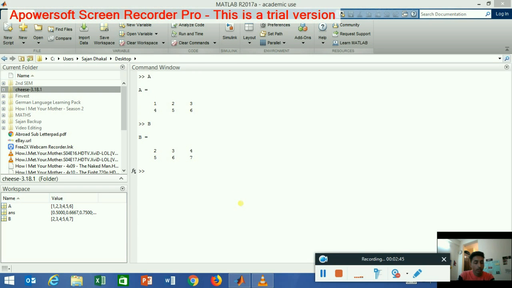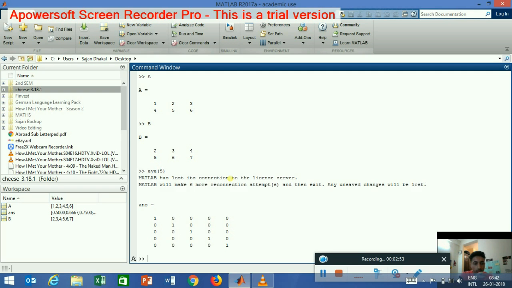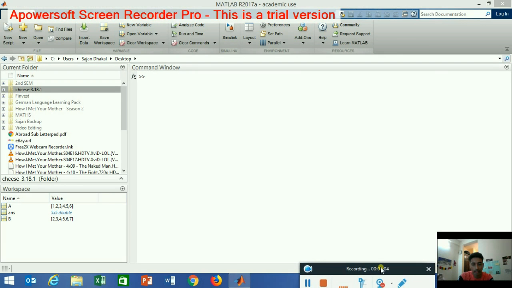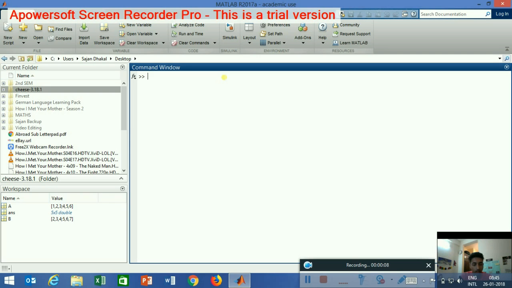What if we wanted to make an identity matrix? Let's say we want our identity matrix. Then for that, what would we do? Okay, let's see what was the previous matrix.